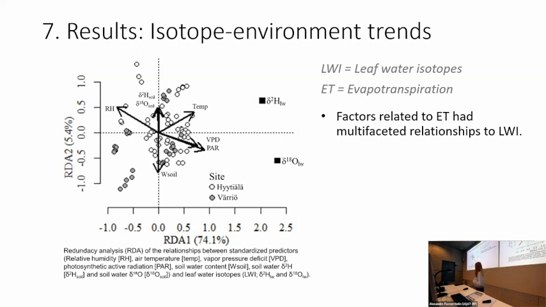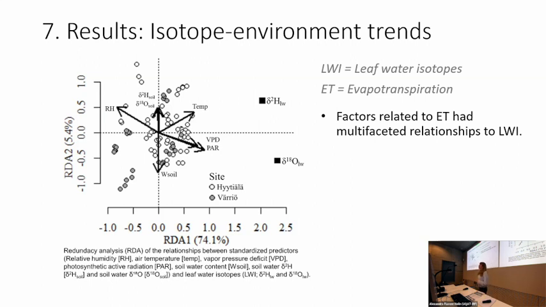So you can see that some of the biggest drivers in the stable isotope variability are this negative relationship between relative humidity and VPD and PAR. It makes sense with VPD because it's calculated from relative humidity, but it's still a really commonly used parameter. And it's also calculated from temperature. So we can see here that relative humidity at these sites is driving VPD more than temperature.